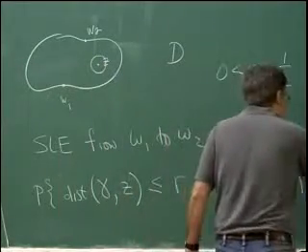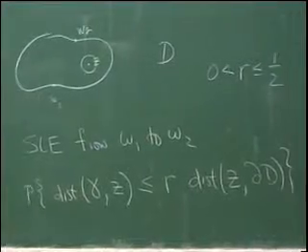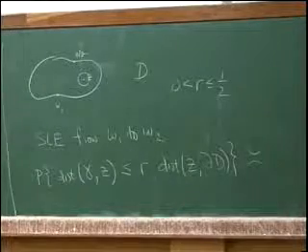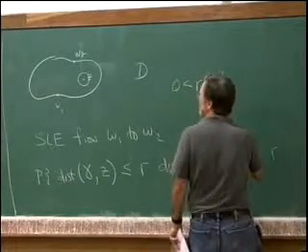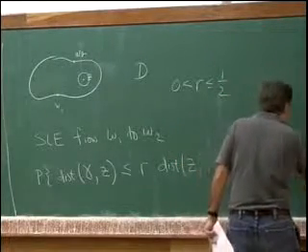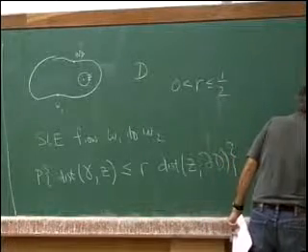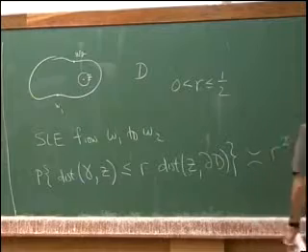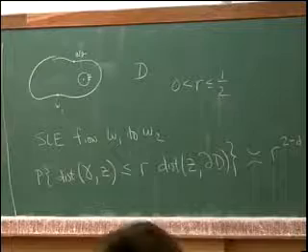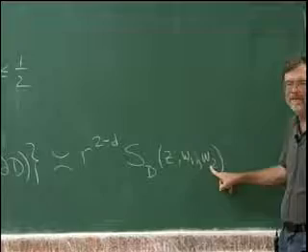And the key is that this is comparable to, with absolute constants, independent of W1, W2, Z, and D, of r to the 2 minus D times the sine of the argument of Z, if you think of W1 as being 0 and W2 as being infinity.